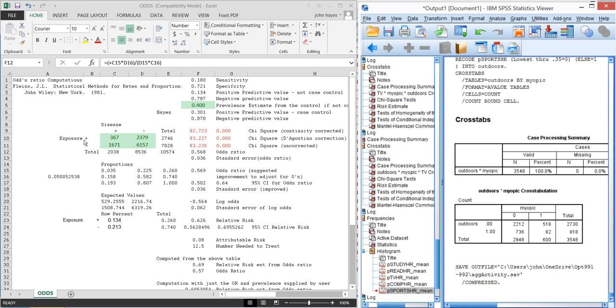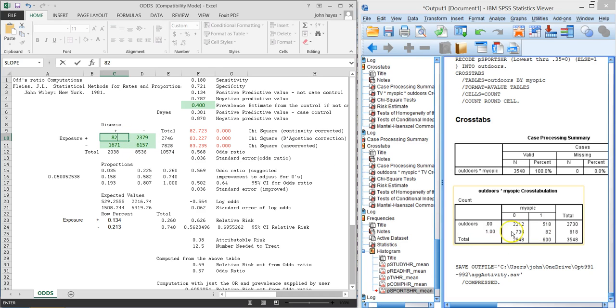So let's look at a person that is outdoors, spends time outdoors, and has myopia. What's that number? Outdoors 1, has myopia 1, that's 82. So we're going to put an 82 into this cell. So we have outdoors, but not myopia is 736.